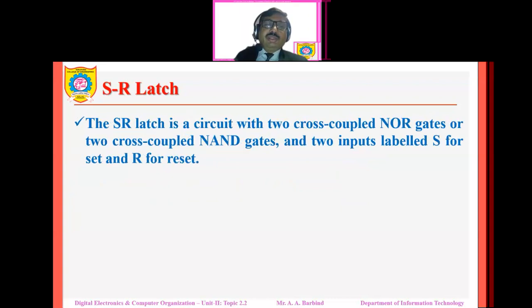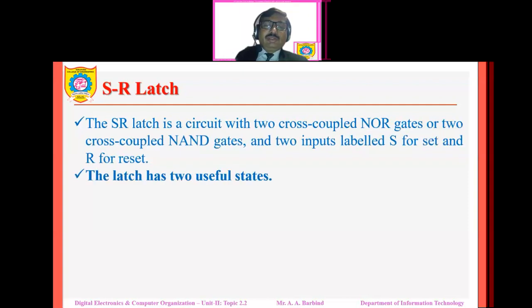The SR latch is a circuit with two cross-coupled NOR gates or two cross-coupled NAND gates and two inputs labeled S for set and R for reset. The latch has two useful states.